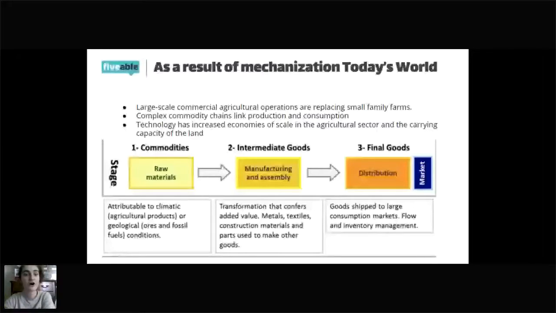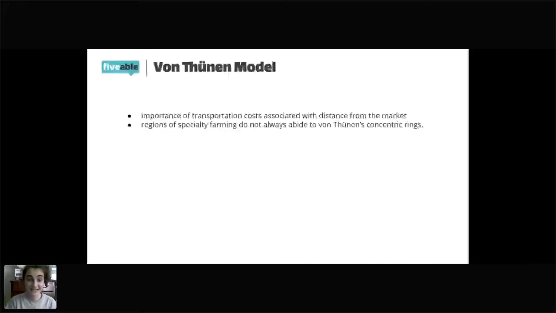Okay, Thünen model. I had a question about this model last year in the test. And guys, please make sure to know these models. They're pretty important.